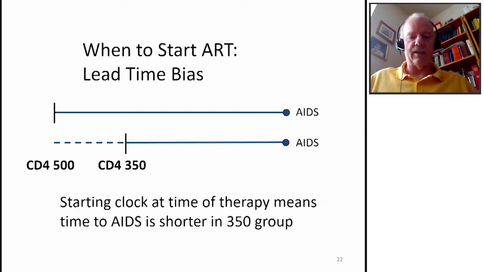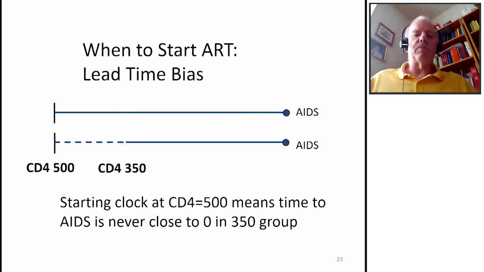If you start at the time that they reach 350 versus the time they reach 500, then it's clear that the time from 350 to the AIDS event is going to be less than the time from 500 to the AIDS event. But the other thing you could do is start the clock at when they had a CD4 T cell count of 500.